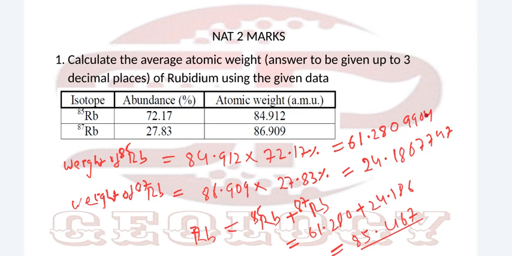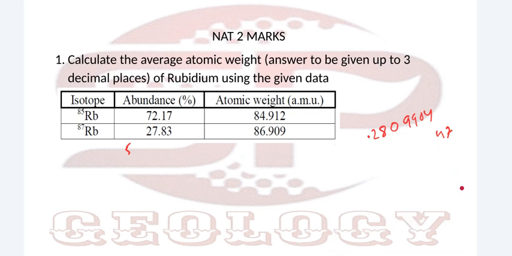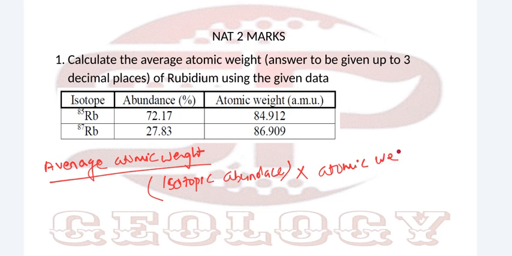So how will we calculate the average atomic weight? See, you can write this down also: average atomic weight equals isotopic abundance into atomic weight.